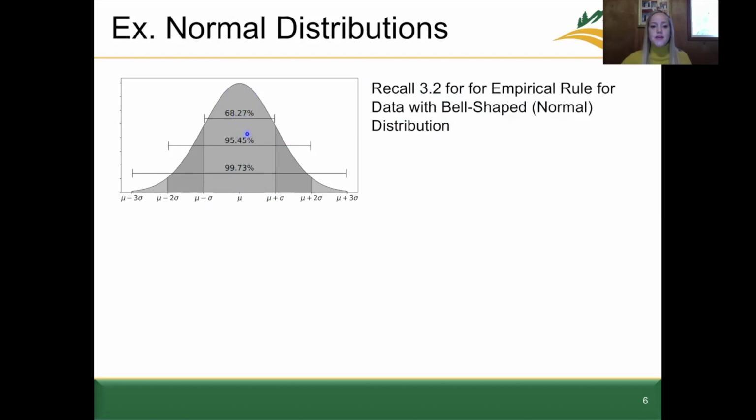This 95.45 will tell us the percentage of data that will fall between the mean -2 standard deviations and the mean +2 standard deviations. Then, based on this percentage here, about 99.73% of all of our data, if we have a normal distribution, will fall between the mean -3 standard deviations and the mean +3 standard deviations.